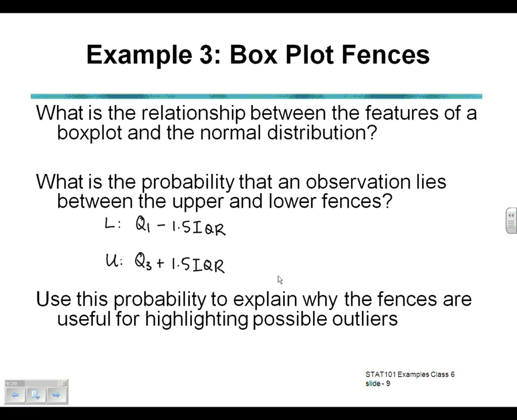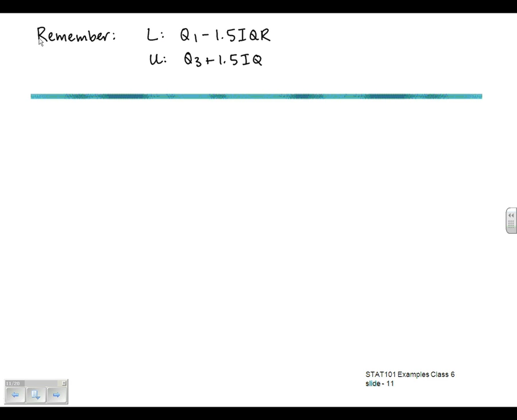And we're asked to use this probability to explain why the fences are useful for highlighting possible outliers. To go into the calculations for those fences, remember that the lower fence is lower quartile minus 1.5 times the interquartile range, and the upper fence is upper quartile plus 1.5 times the interquartile range.